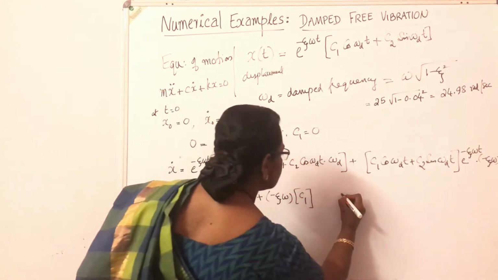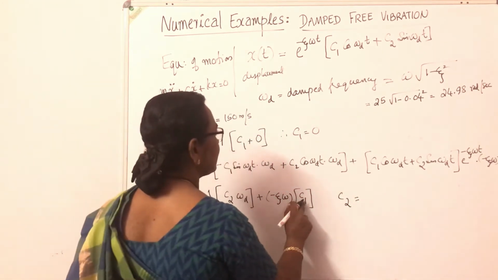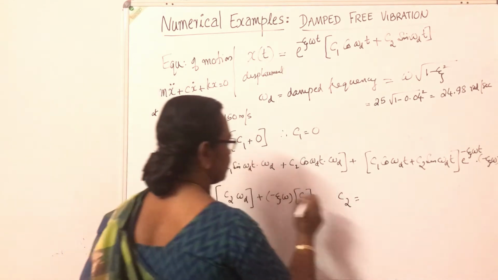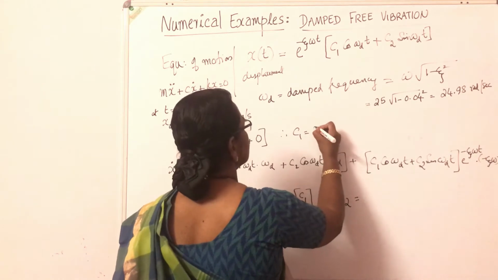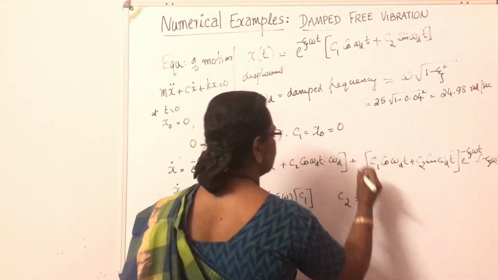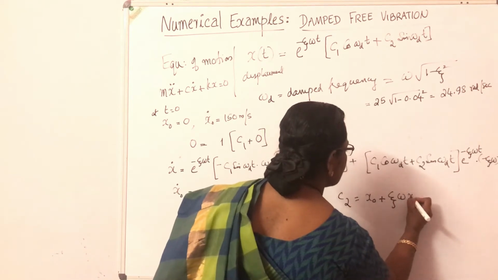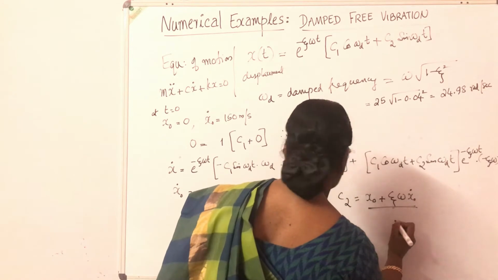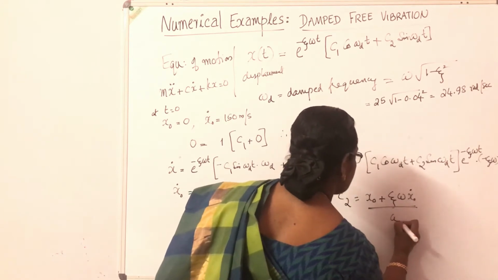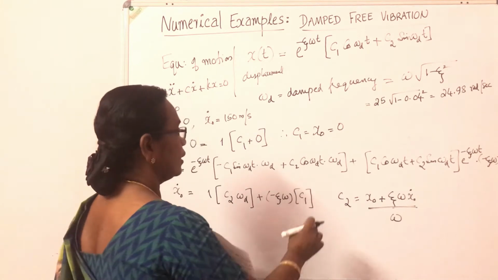From that you will get C2 equal to x0 dash plus psi omega x0 divided by omega d.